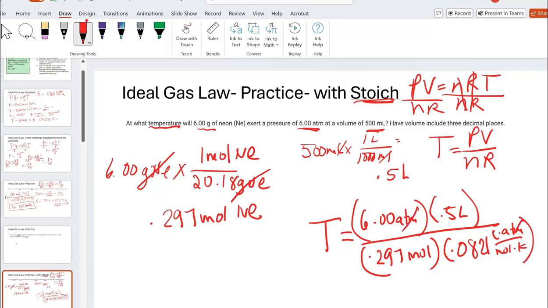So atmospheres gone, liters gone, moles gone, and I'll be sitting with Kelvin. So again, I'm going to do 6 times 0.5, and then divide by, open parentheses, 0.297 times 0.0821, close parentheses, and that will give me a temperature of 123 Kelvin.